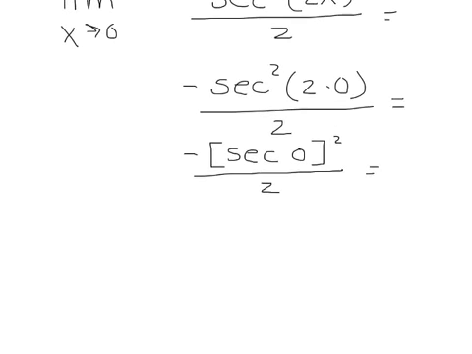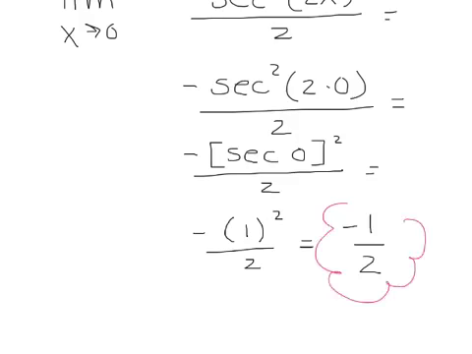And secant, recall, is 1 over cosine, so cosine at 0 is 1 and 1 over 1 is 1. So we have the opposite of 1 squared over 2. Square the 1, we get 1, so the opposite of 1 is negative 1 over 2. And finally, with 2 rounds of L'Hopital's rule, we found the limit to be negative 1/2.